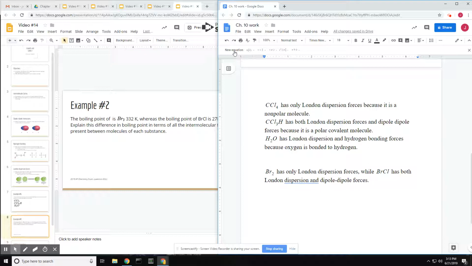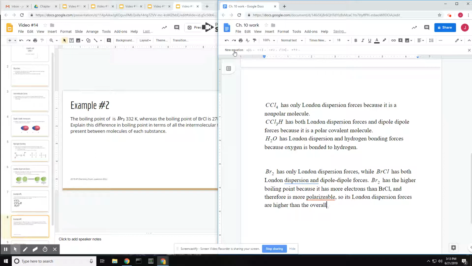Br2 still has a higher boiling point, because it has more electrons than BrCl and therefore is more polarizable. So its London dispersion forces are higher than the overall intermolecular forces of BrCl.